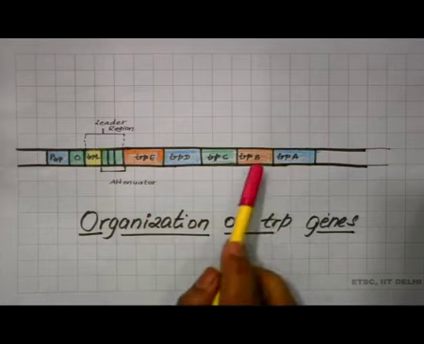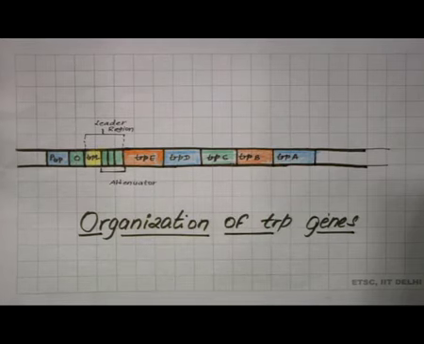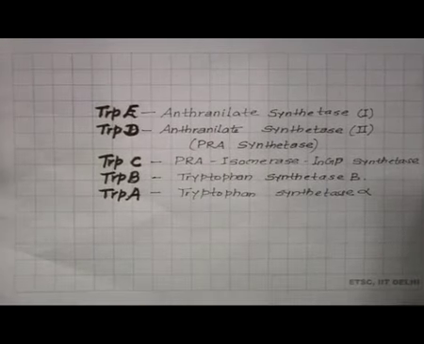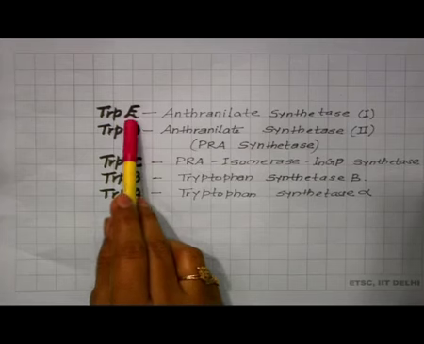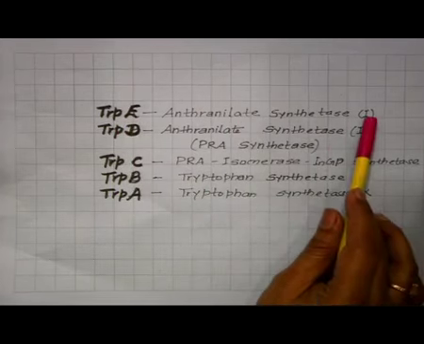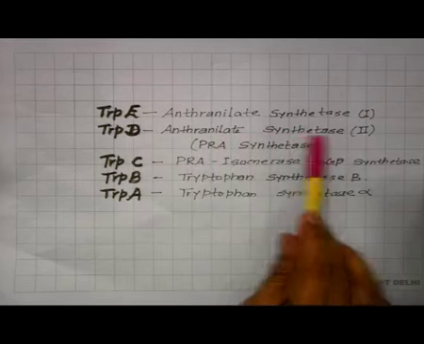These TRPA, TRPB, TRPC, TRPD and TRPE will synthesize different types of enzymes. And what are those enzymes? TRPE will synthesize anthranilate synthetase 1. TRPD will synthesize anthranilate synthetase 2.